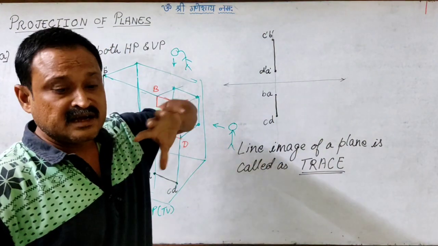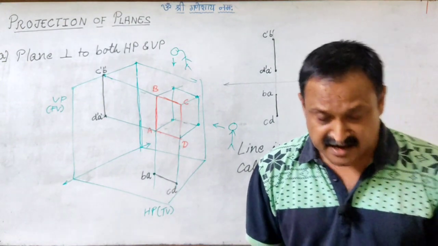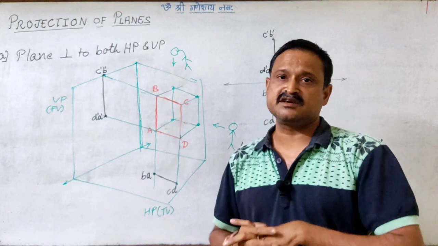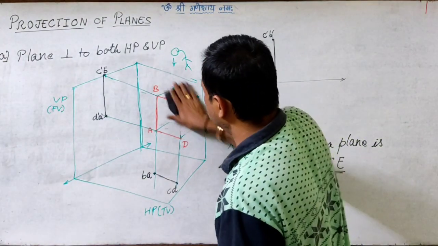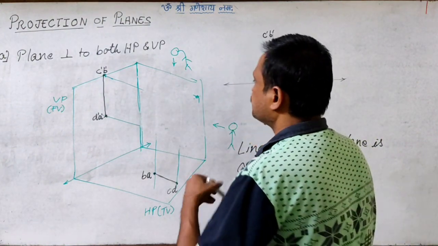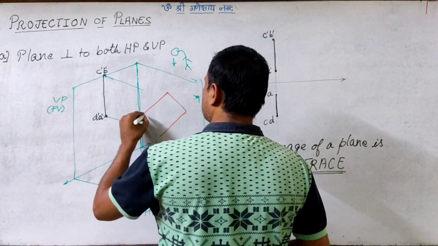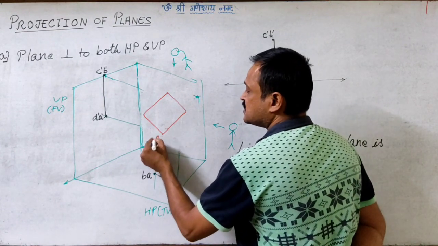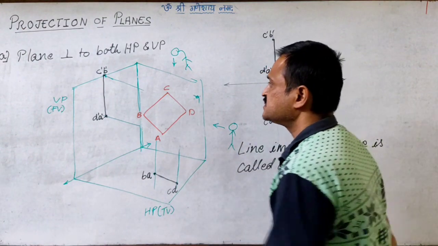Now the length of the trace can vary depending on the orientation of the plane in the quadrant. For example, in this case, if I keep this rectangular plane in this orientation, but it is perpendicular, so let us say this is A, B, C and D, right?